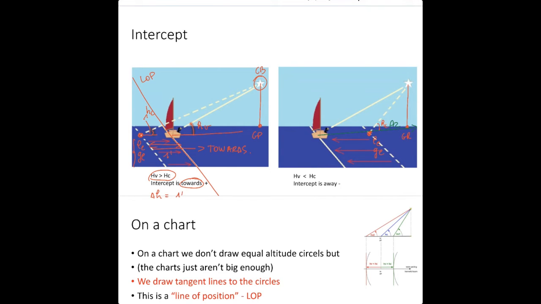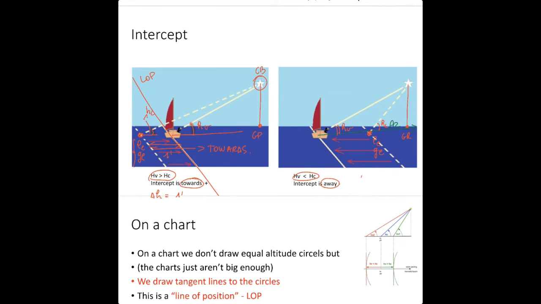HC is what you have calculated, but what you actually observe with your sextant is HV. You see here that HV is smaller than HC, so this means that you are further away from what you have calculated. So in this case, the intercept will be marked away from your estimated position.